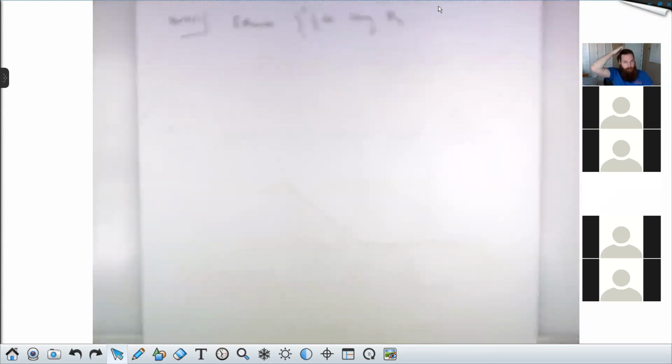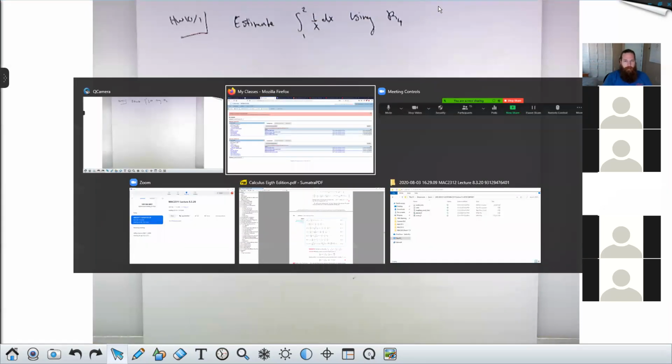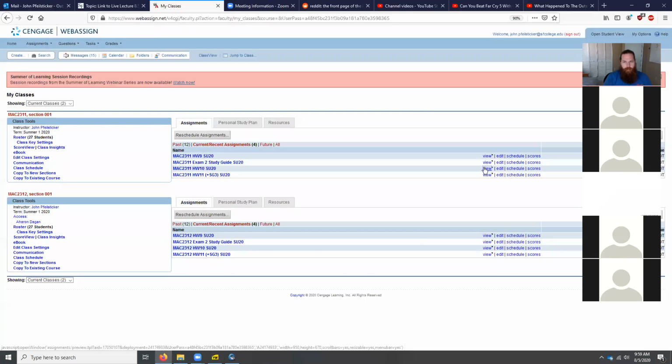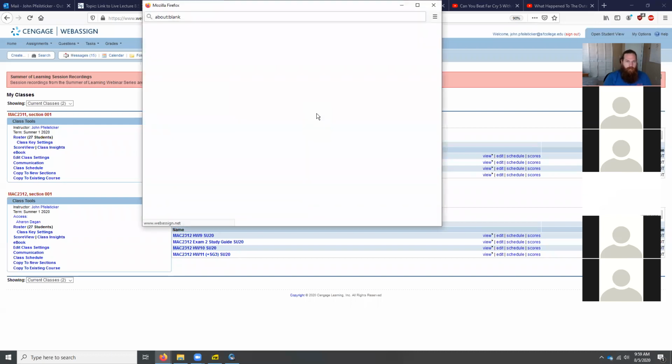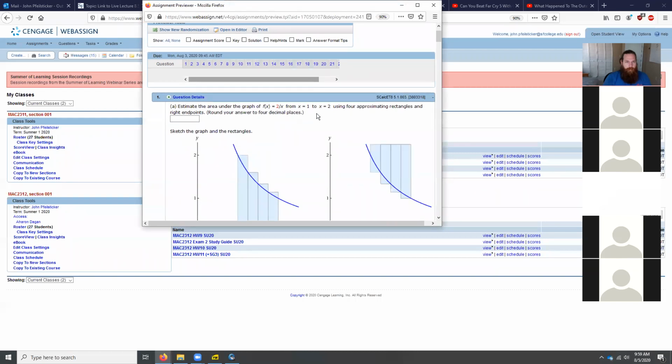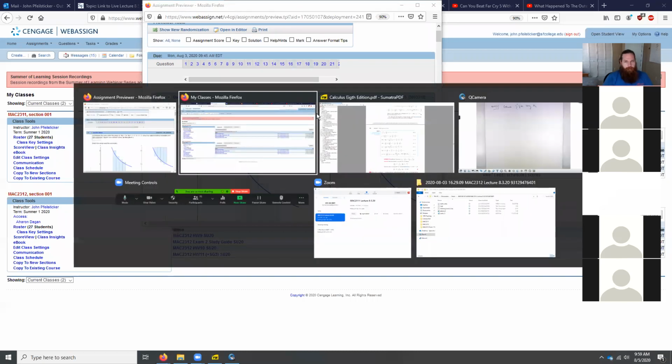So that is a Riemann sum, a right-hand Riemann sum with n equals 4. I think that's what they wanted, right? Right-hand sums. Four rectangles, right endpoints. Yeah, okay.